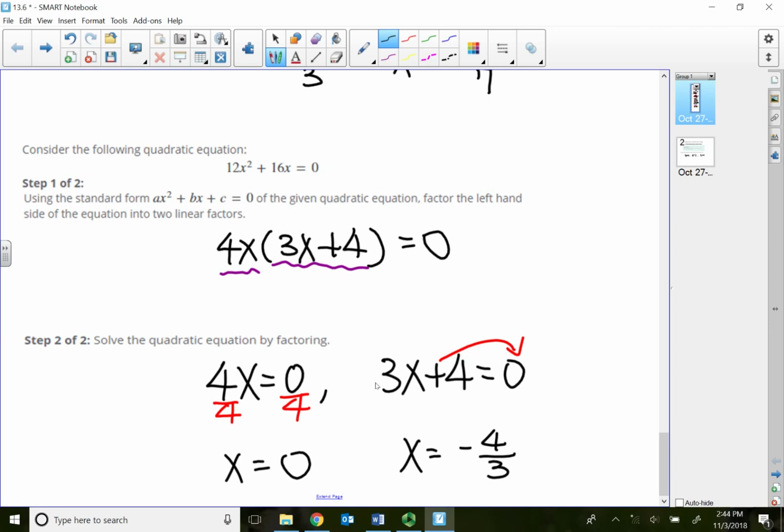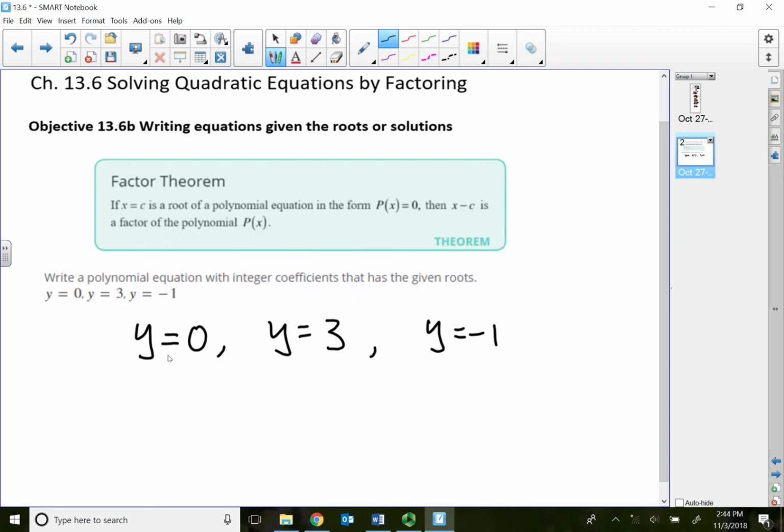So before the answer, all the terms are on one side, the other side equal to 0. So this y equal to 3, before I move it to the right, become positive 3, it must be on the left side. So we go ahead and move them over. So I have y minus 3 equal to 0, and y plus 1 equal to 0.